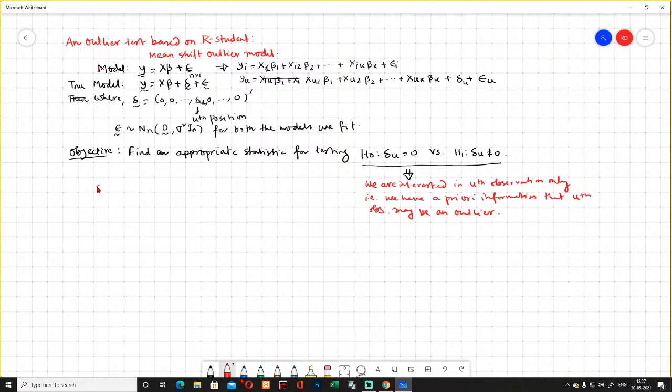Okay. So step 1, first we estimate delta u because this is unknown. This delta u is unknown, so we need to estimate it.